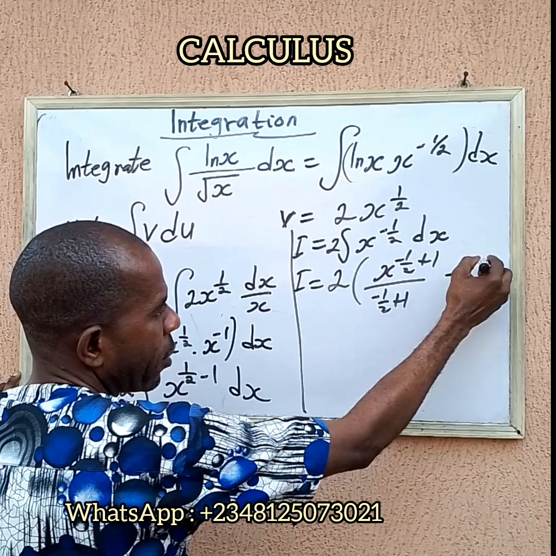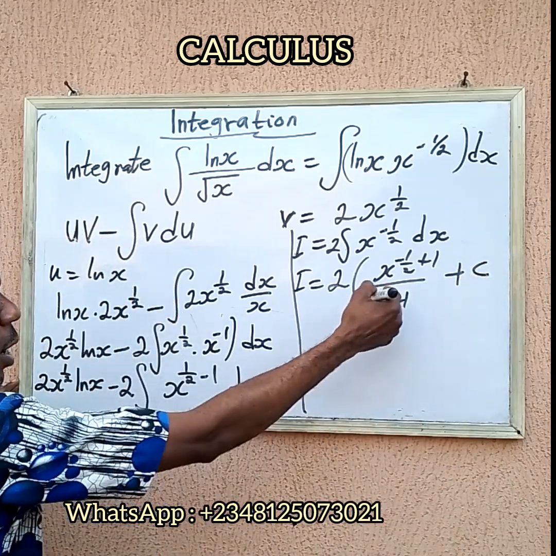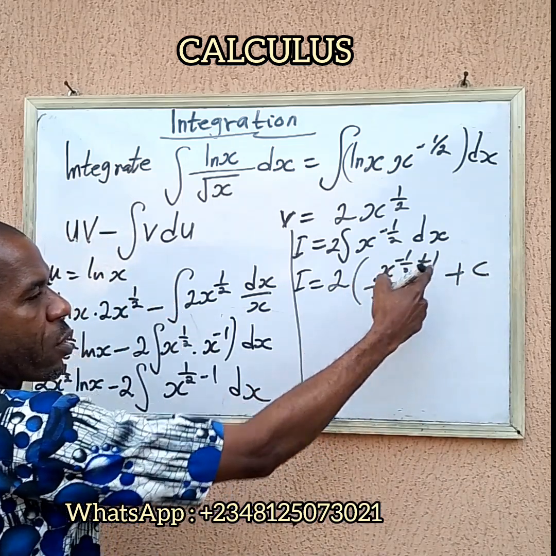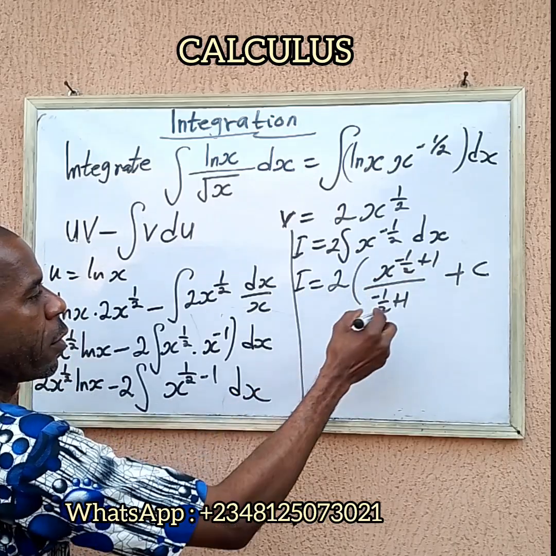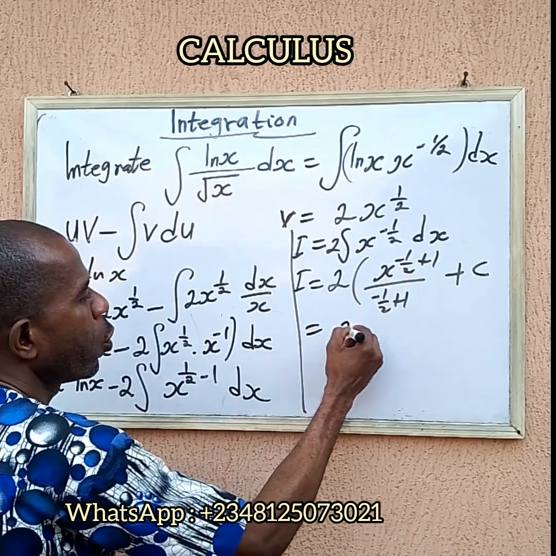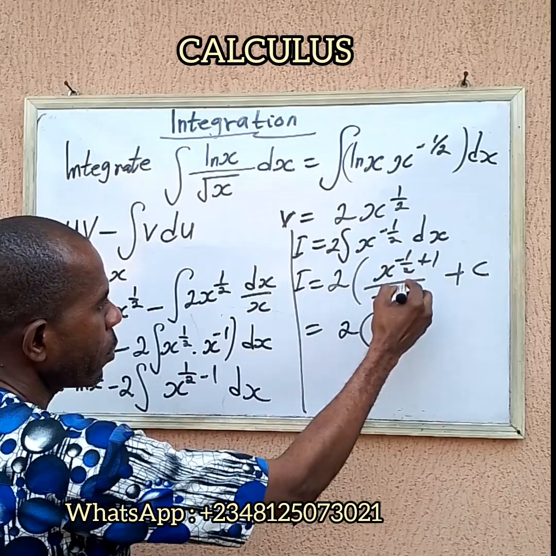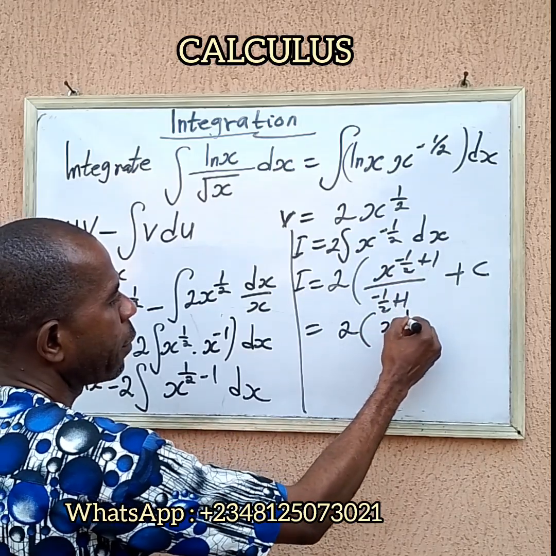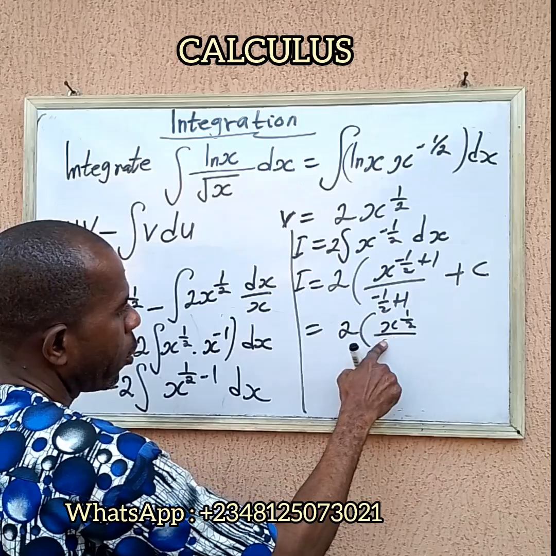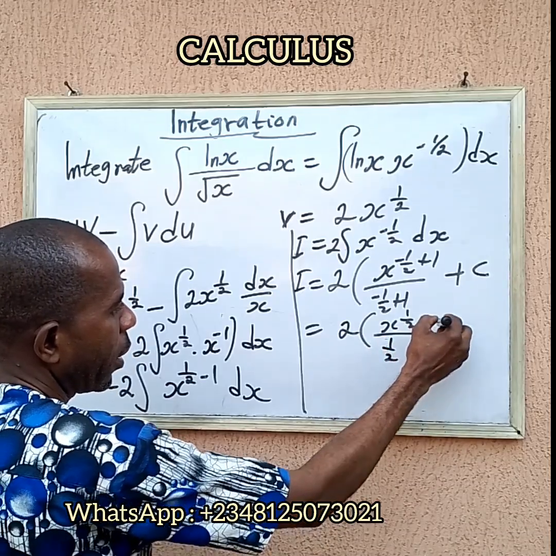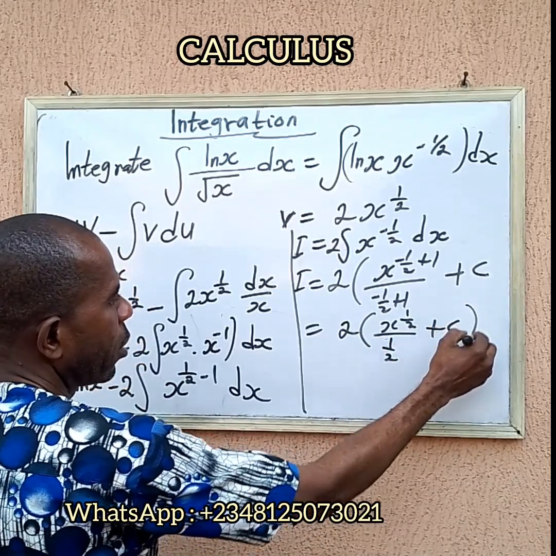Then we are going to add constant. Here, negative half plus 1 is still the same thing as saying 1 minus half. So this will still give us 2 brackets. We have x raised to half, then all over half. Then plus c.